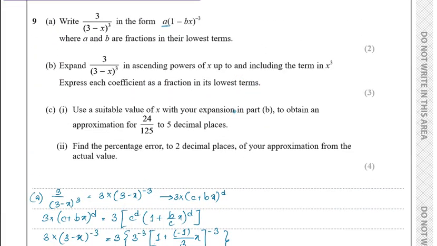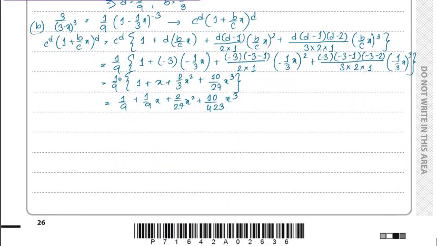For part C, use a suitable value of x with your expansion in part B to obtain an approximation for 24 by 125 to 5 decimal places. So they have given us another expression, which is 24 by 125. And they have asked us to find the value of this, but this has to be done by using the expansion that we did in part B. So we need a value for x.